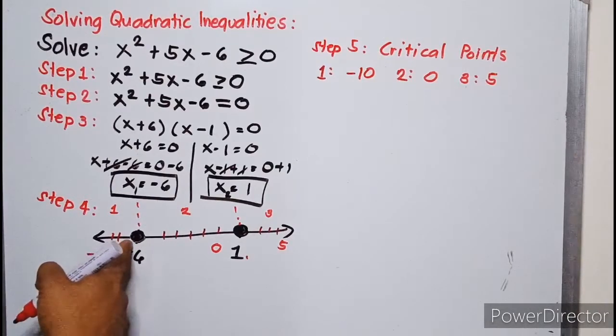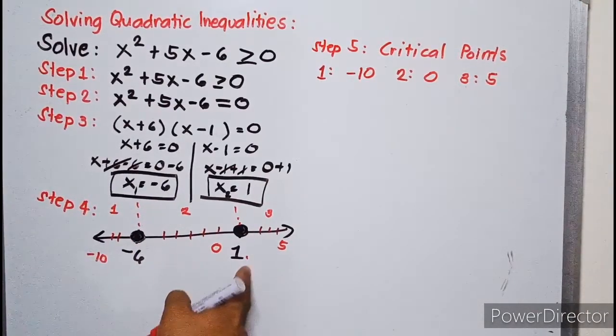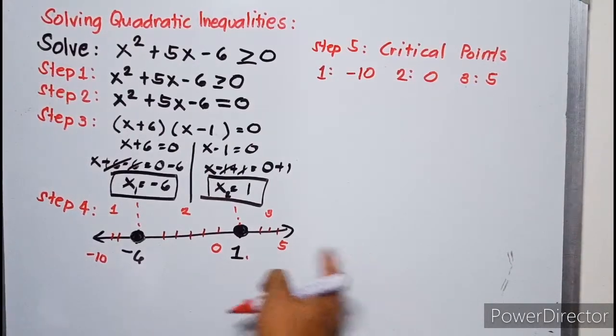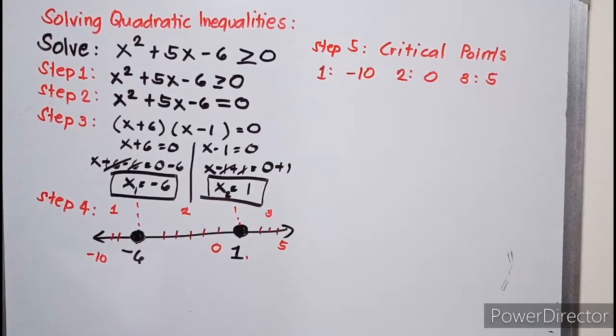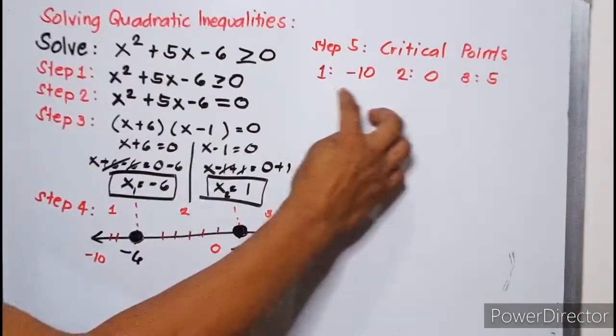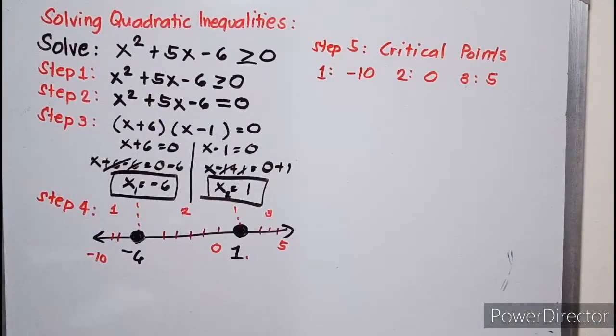So, this is negative infinity to negative 6, negative 6 to positive 1, then 1 to positive infinity. Kuha ka ng numbers na kahit alin dyan na isa. Then, we are going to substitute these critical points to our given inequality.